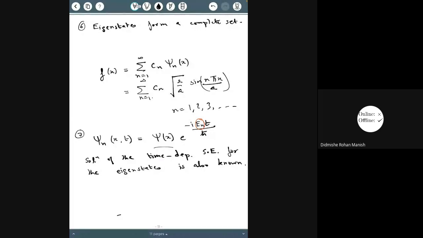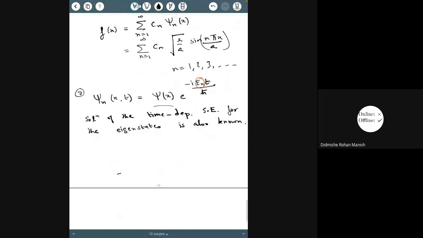So let's see. Now that we solved the time-independent solution, and we know that the eigenstates form a complete basis, I can expand any general non-stationary state, so a general state, as a linear combination of the eigenstates. So this is just a representation.